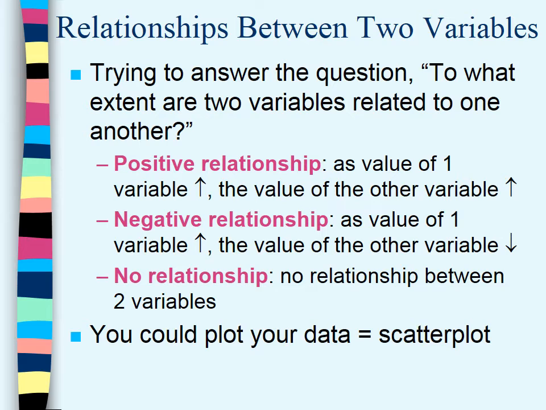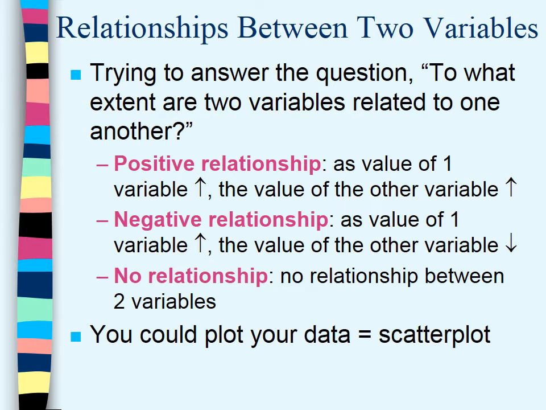We'll talk more about hypothesis testing later on in this lecture, but basically when we're looking for a relationship between two variables, we're trying to ask to what extent, to what amount are the two variables related. If there's a positive relationship, as the value of one increases, the value of the other variable increases.